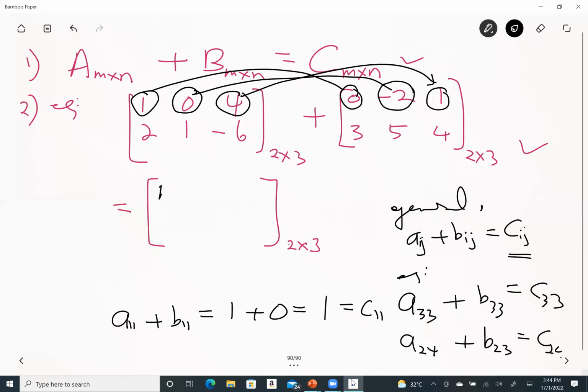So I got here -2, here 4. And for the second row, I got 2 plus 3, that will be 5. 1 plus 5, that will be 6. And then -6 plus 4, that will be -2. Okay, so that is addition. Addition is the easiest operation that we can do.